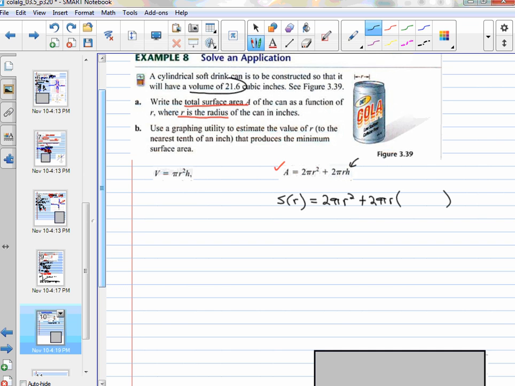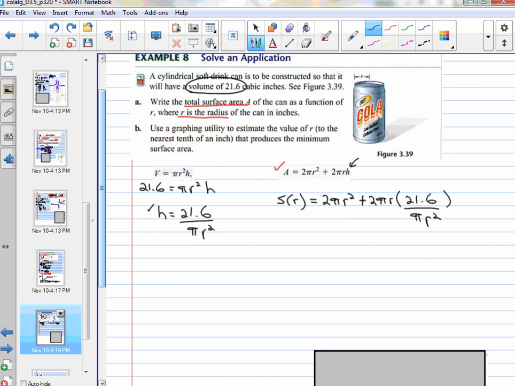Well, they told us the volume was 21.6, so I can come back here. This is the volume formula, pi r squared h. So 21.6 is my volume. If that equals pi r squared h, I could solve for what the height was, divide by pi r squared, and I could take that value of h and substitute it over here. 21.6 divided by pi r squared.